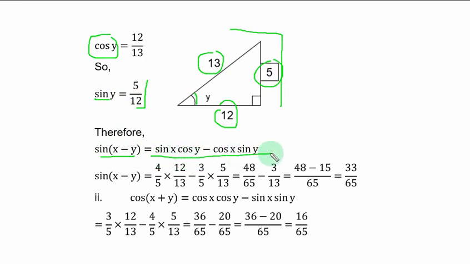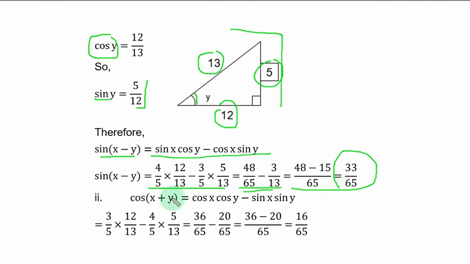You simply replace cos s, sine s, cos y, sine y with what they stand for. You have this expression. When you multiply, you have this. You find the LCM because it is fractions subtraction. When you simplify, you have 33/65.